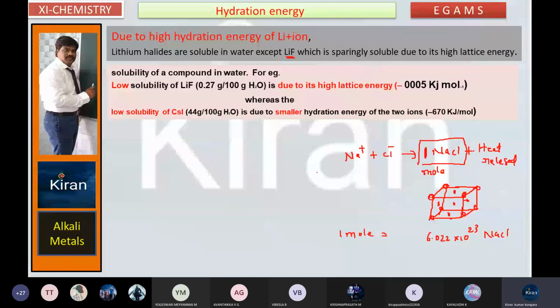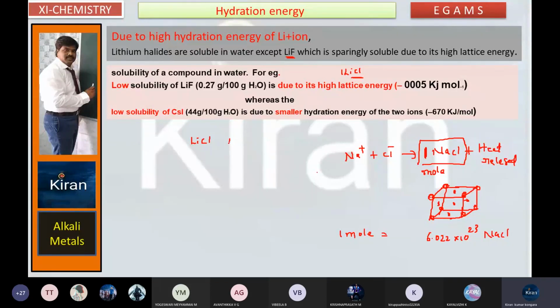This heat energy is known as lattice energy. So here, when 1 mole of lithium chloride is forming, the energy released is called lattice energy. This lattice energy is high compared with the other ones.